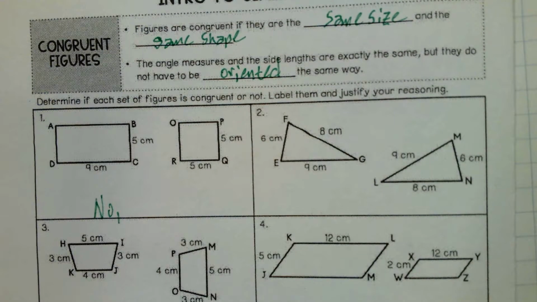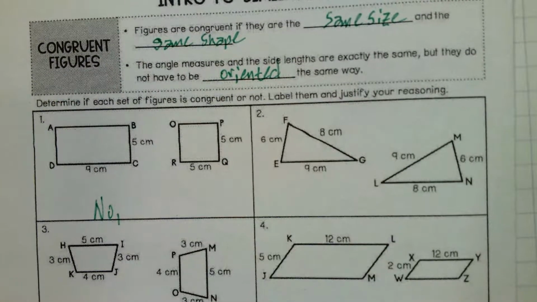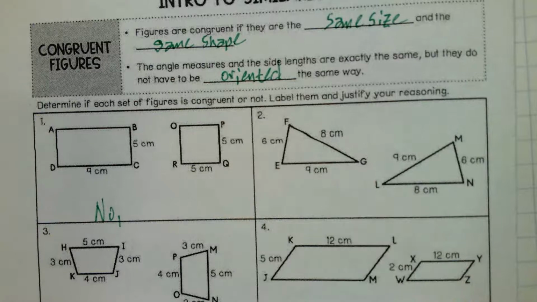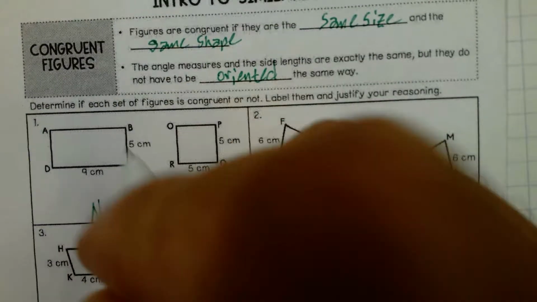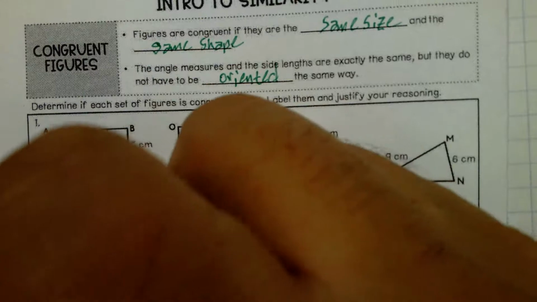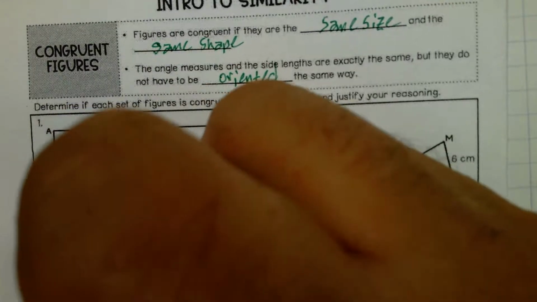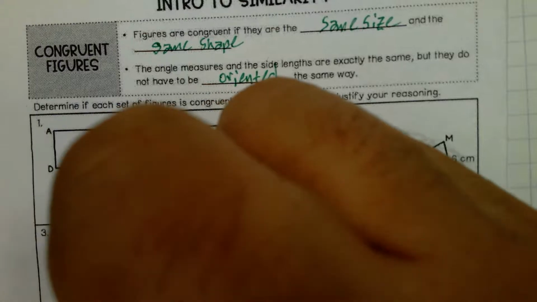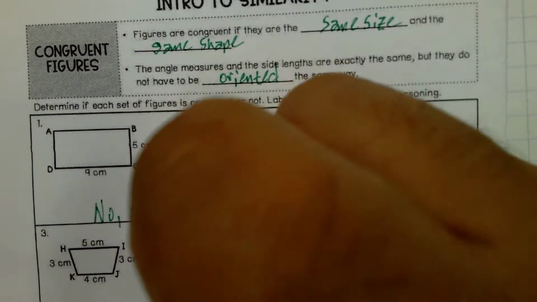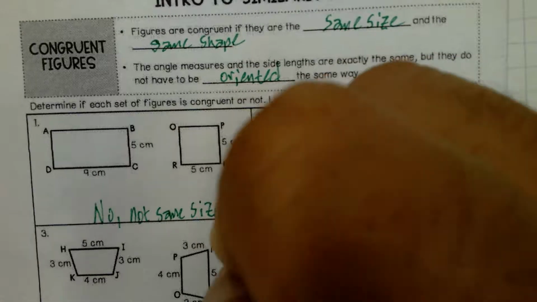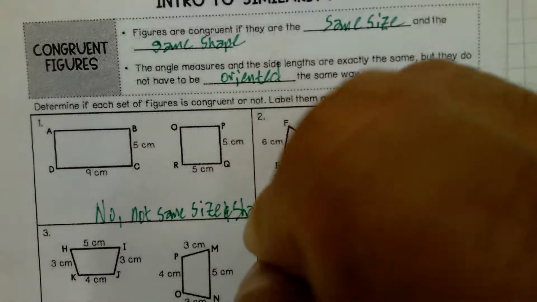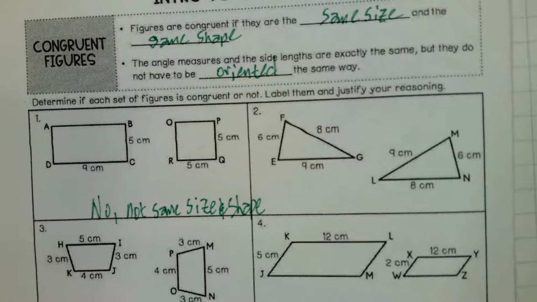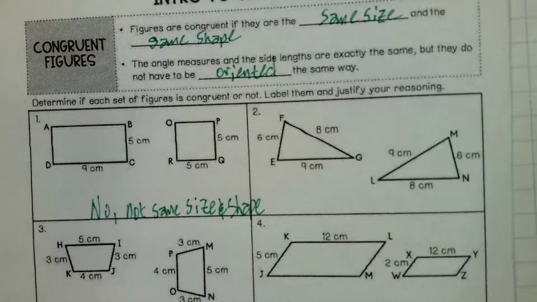That's a big no. Which of the qualities of congruence are they missing? Yeah. Not the same shape or size. So let's just say that. Okay. So not same size and shape.